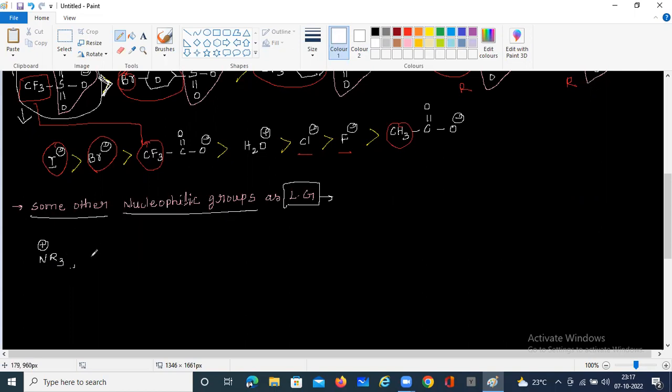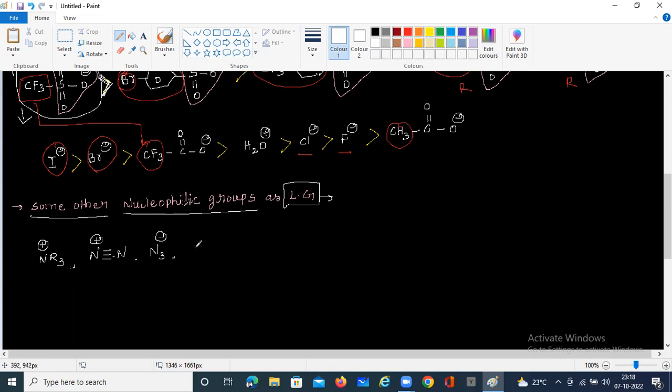Next nitrogen, N2. How can we write? Triple bond N, like this. Next one more, N3 minus means azide ion. N3 minus can also be a leaving group.